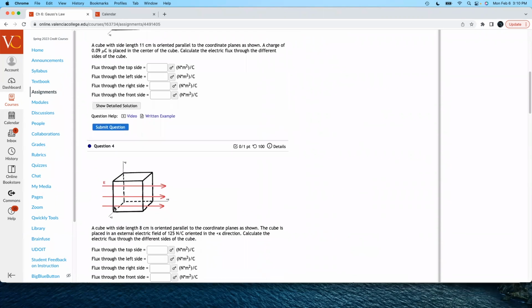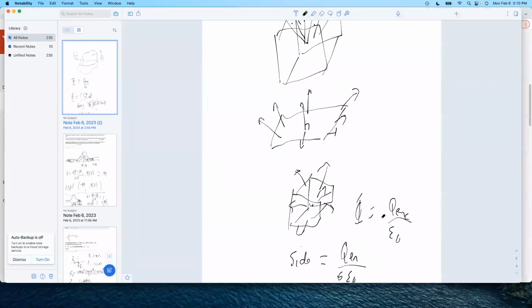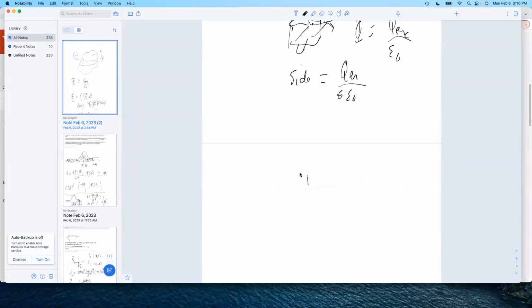Here, we do have a constant electric field. We have constant angles. The electric field is, for this backside here, going perpendicularly through the surface. So that backside, the one that's like, I am not a very good artist.